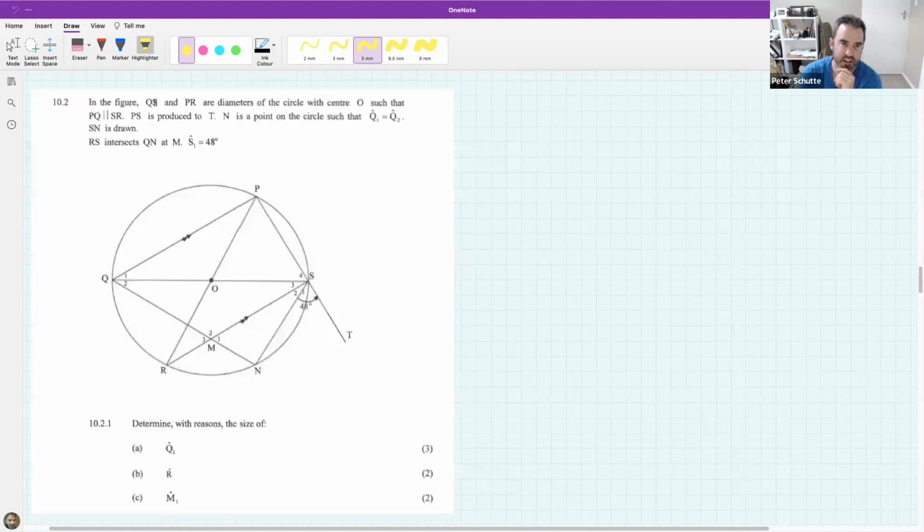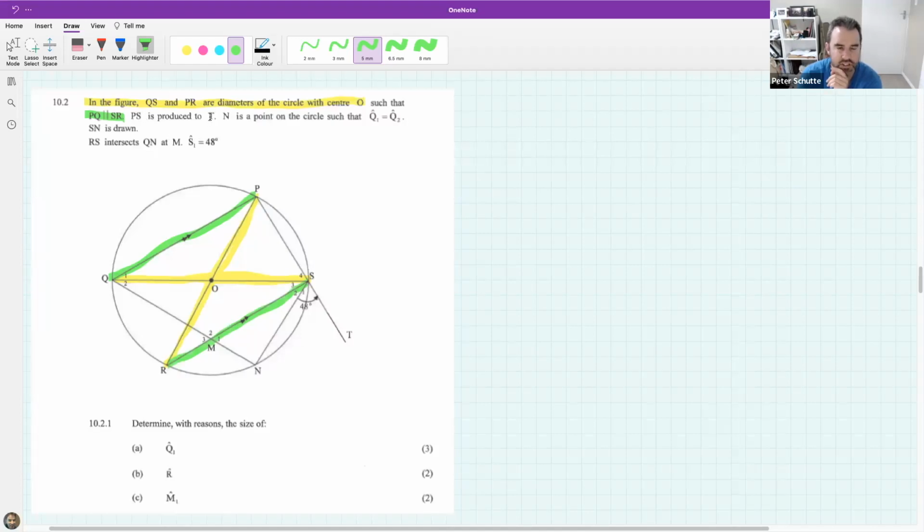In the figure, QS and PR are diameters of the circle with O. So QS is a diameter and PR is a diameter, such that PQ is parallel to SR.